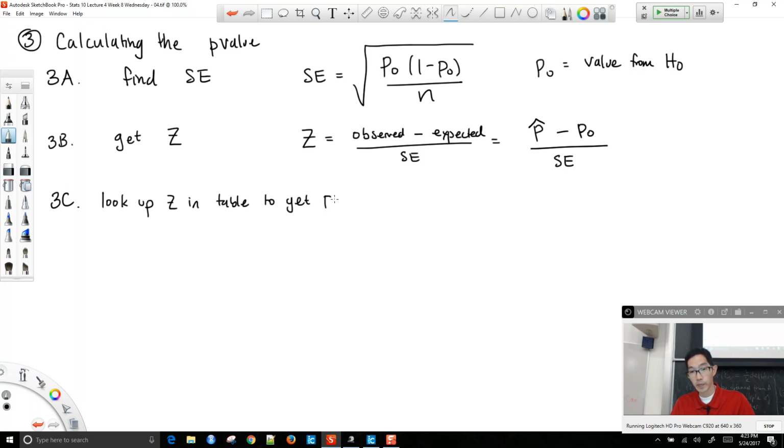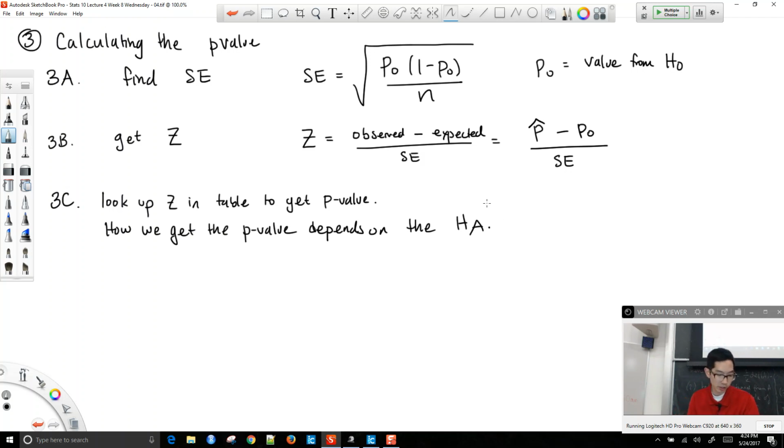However, what we do depends on the alternative hypothesis. So how we get the p-value depends on the alternative hypothesis. I'm going to list off some rules here.